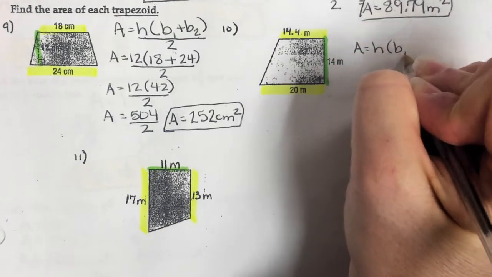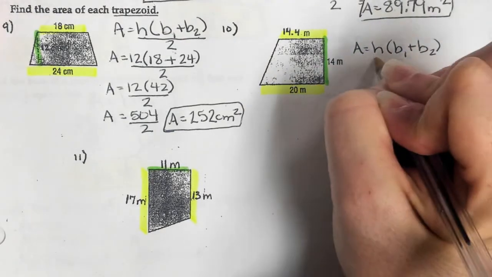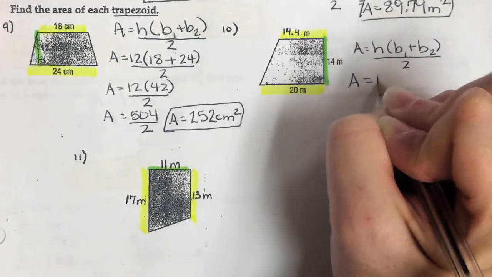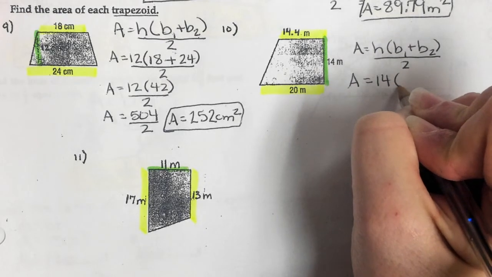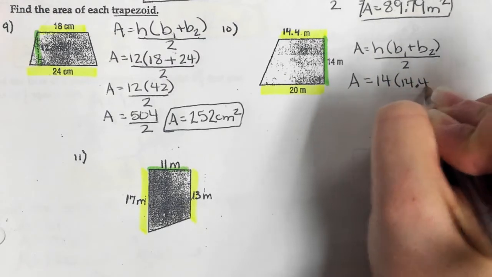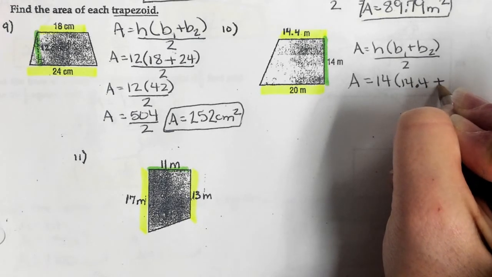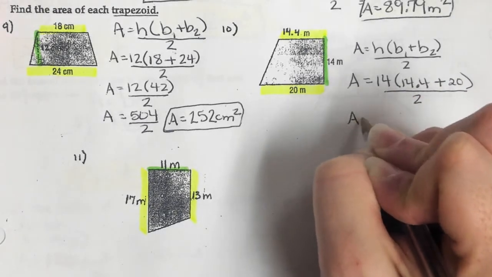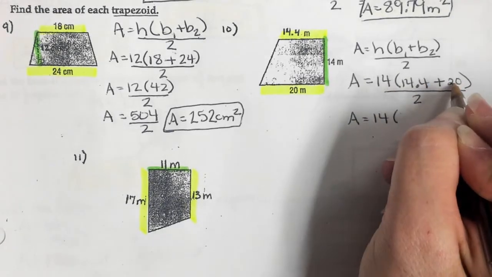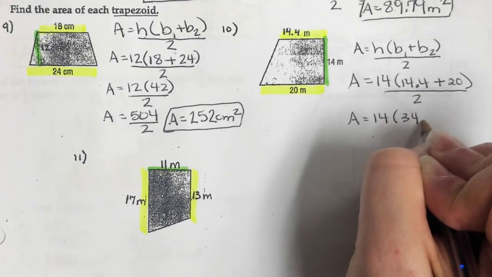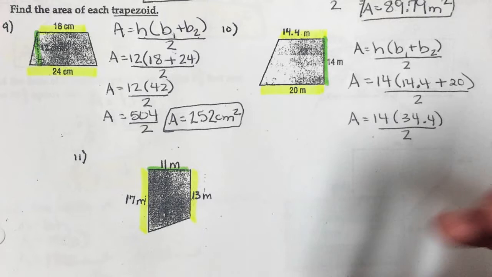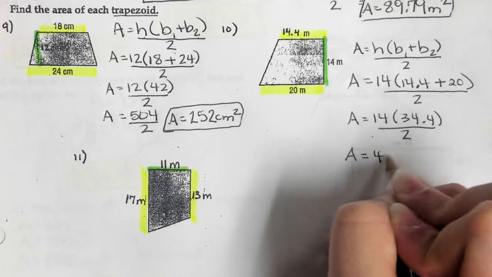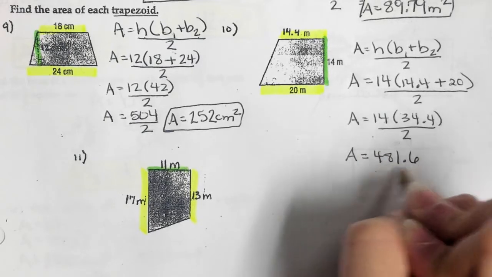And yes, you have to write the formula every time. Okay, adding those together, I get 34.4. Now I multiply on top, giving me 481.6.